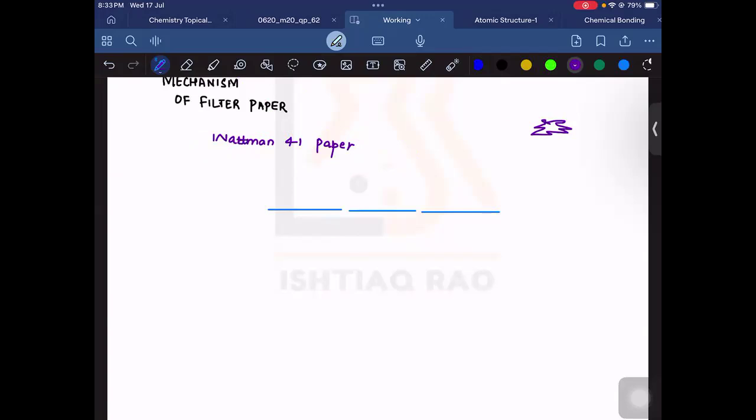Okay. This is the sand particle. This is the water particle.